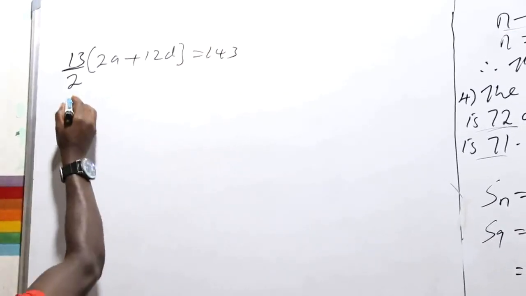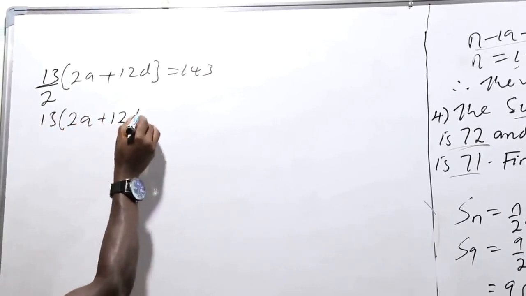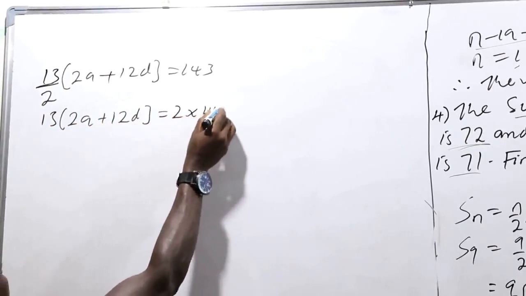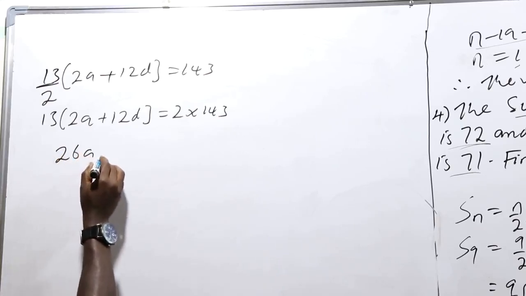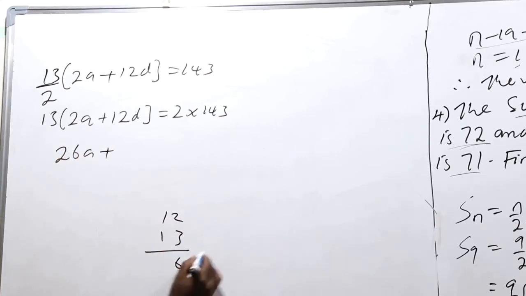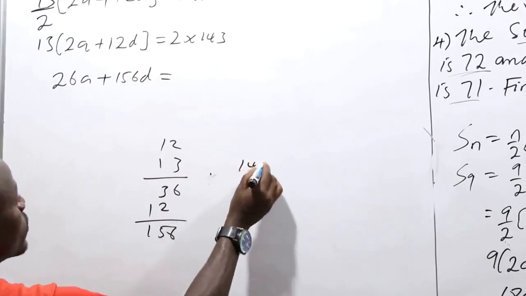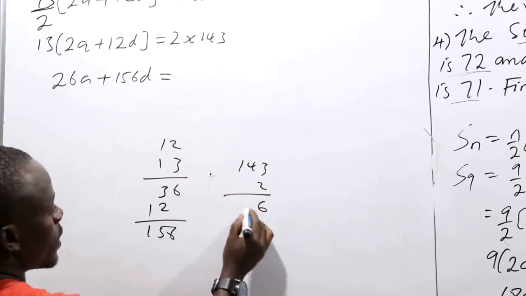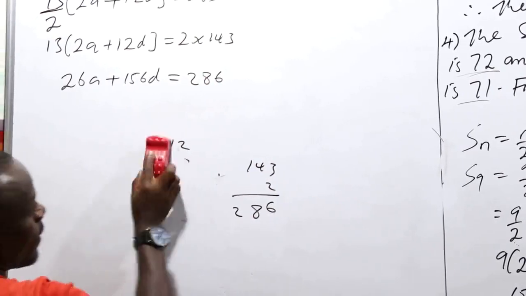So when you cross multiply or multiply by the LCM, we have 13 into 2a plus 12d equals 2 times 143, and then open up this bracket, we have 26a plus 12 times 13, this is 6, this is 3, we have 2 and then 1, and that will give us 156d equals 143 times 2. This is 6, this is 8, and this is 2. We have 286. Okay?